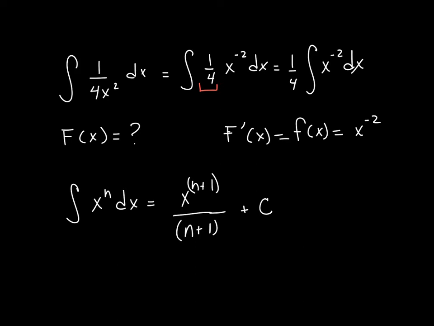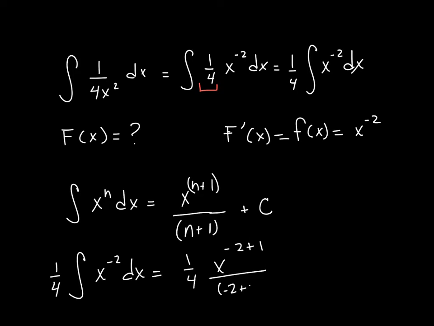So if I do this, the 1/4 stays outside, and the integral of x to the negative 2 dx is 1/4 times x to the negative 2 plus 1 all over negative 2 plus 1, which becomes negative 1/4 x to the negative 1 power plus my constant.